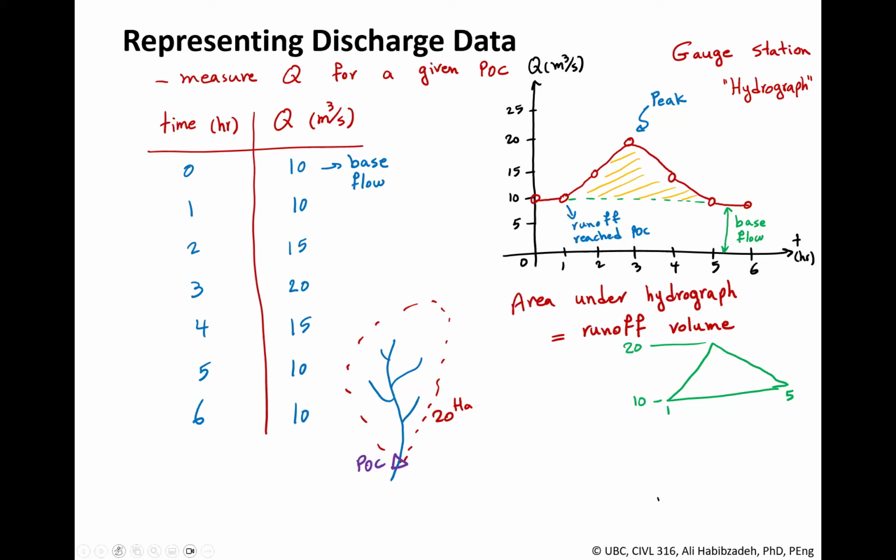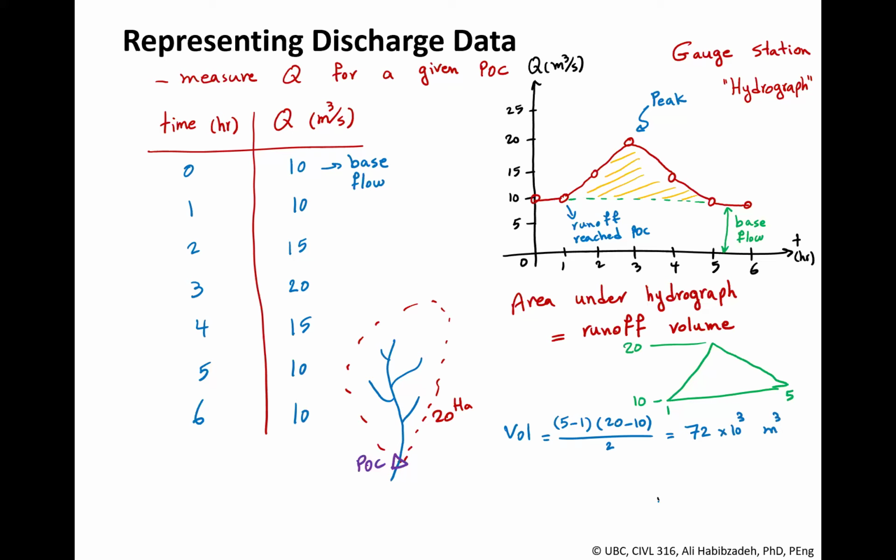And then I'm going to say, okay, volume will be equal to, in this case, base 5 minus 1 times the height, which is 20 minus 10 divided by 2. It's a triangular shape. So this will be equal to, again, I'm going to skip some steps, but simple calculation will be 72,000 cubic meters.